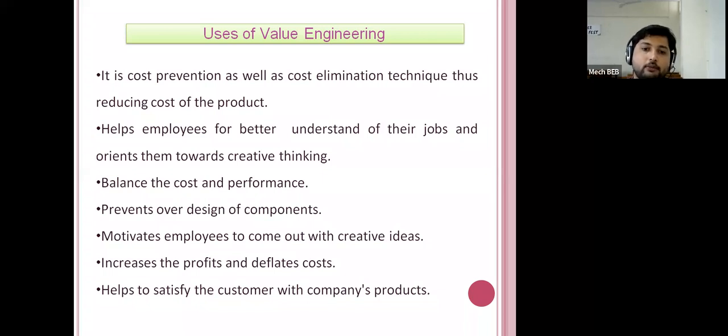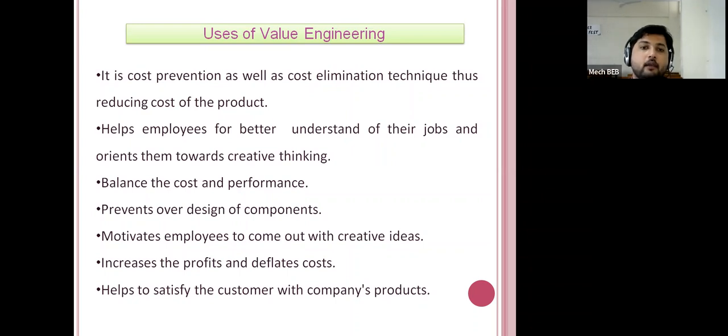It also prevents over-design of a component, and it motivates employees to come up with creative ideas. When you increase the value of a product for the customer, that converts into profit, and it reduces the cost of the product. Okay, and it is helpful to the industry in satisfying customers.